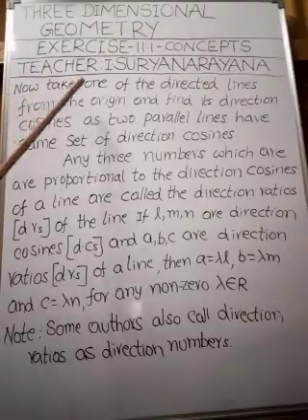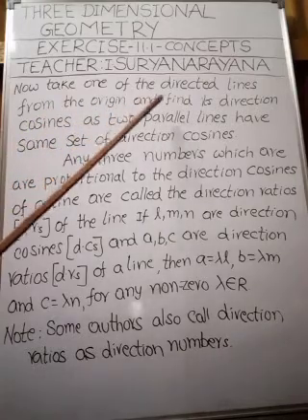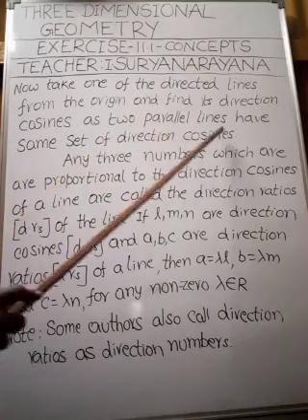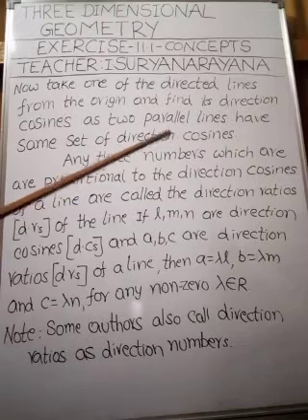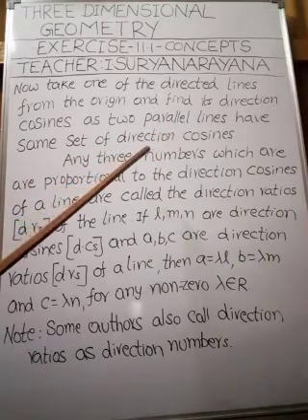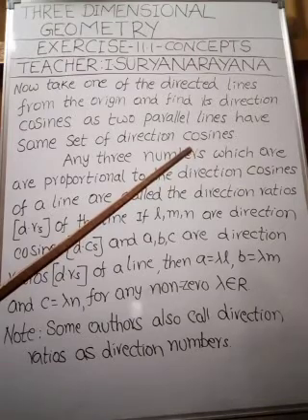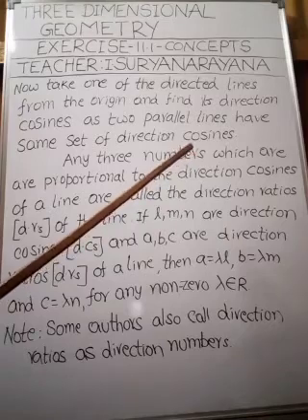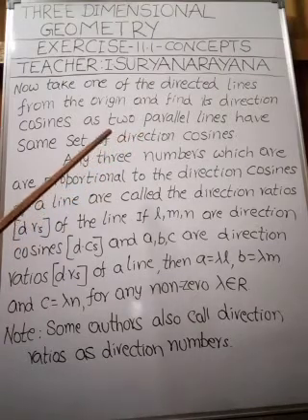Now take one of the directed lines from the origin and find its direction cosines, as two parallel lines have the same set of direction cosines. That is why if a line is not passing through the origin, we draw a line through the origin, find the direction angles, and with their help find the direction cosines of the line. Understood this point?